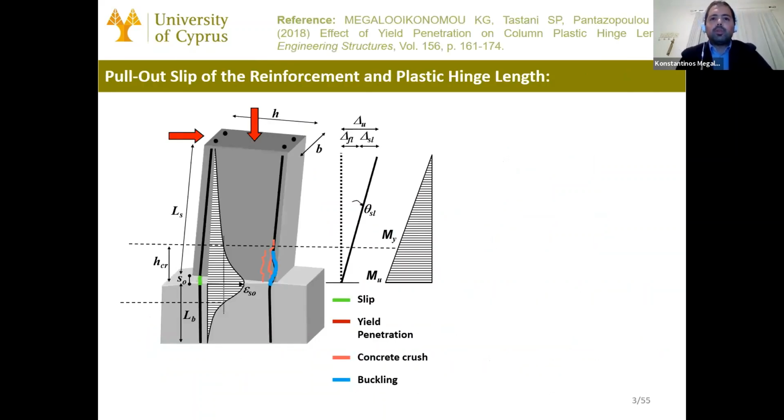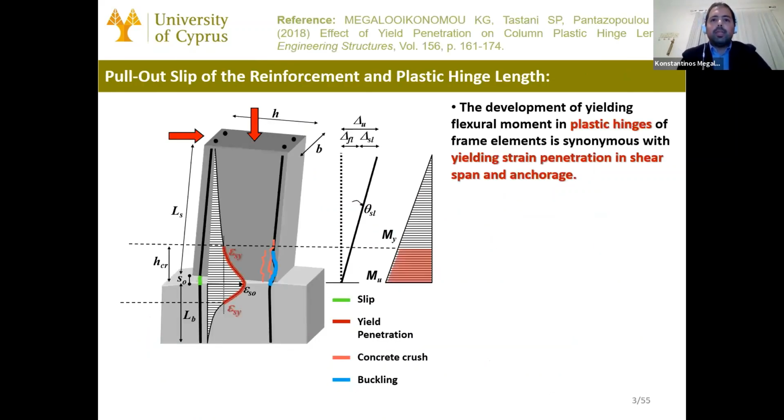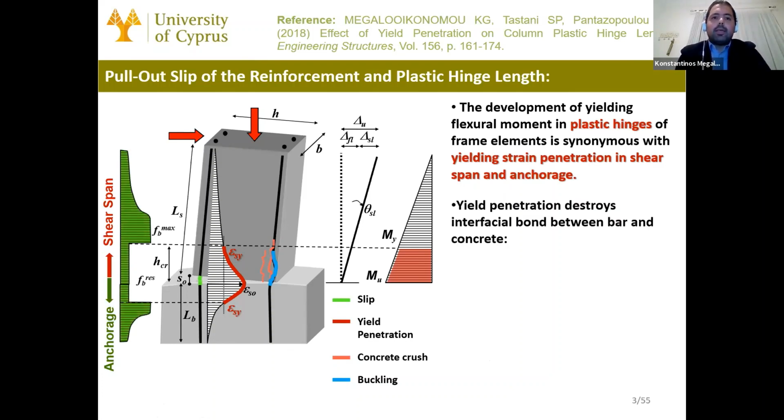So the pull-out slip, the development of yielding flexural moment in plastic hinges of frame elements, is synonymous with yield strain penetration in the shear span and anchorage. Yield penetration destroys the interfacial bond between bar and concrete, as you can see in the figure.